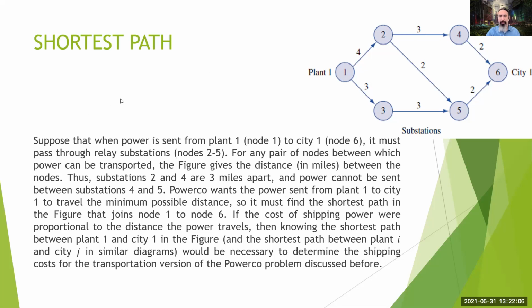So the shortest path. The shortest path has a start point and an end point, and we are trying to find, as the name suggests, the shortest path from one point to another. So how do I go from 1 to 6 in the shortest time possible? For example, in this question, it would be, I don't know, 1, 2, 5, 6 maybe, or 1, 3, 5, 6. They should be the same amount. 4 to 8, 3 to 8, I guess.